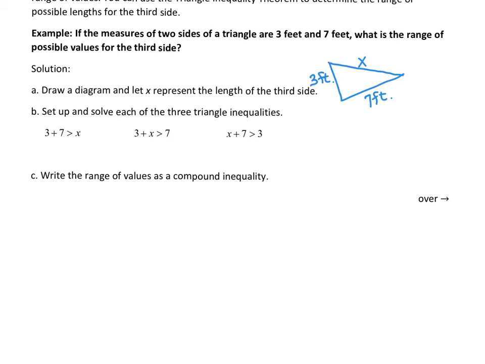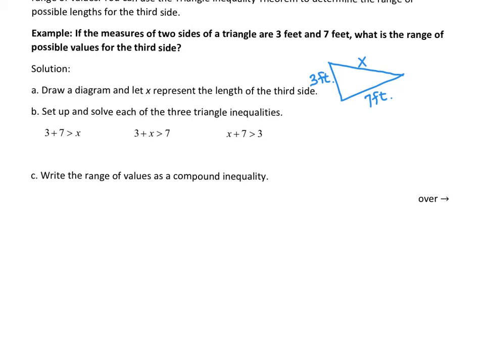We are going to use our triangle inequality theorem and set up the three inequalities. So the sum of 3 plus 7 would have to be greater than x, and 3 plus x would have to be greater than 7, and then x plus 7 would have to be greater than 3. Now we need to solve the three inequalities in order to find the range of values.